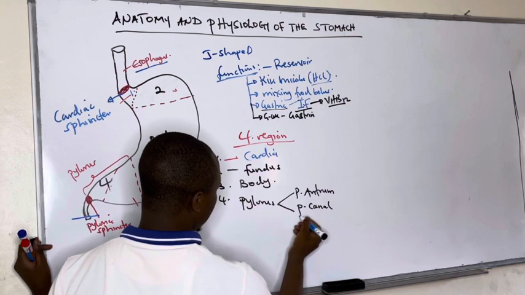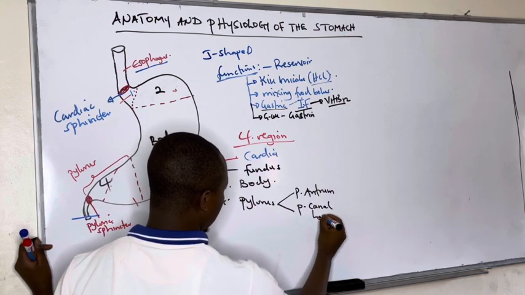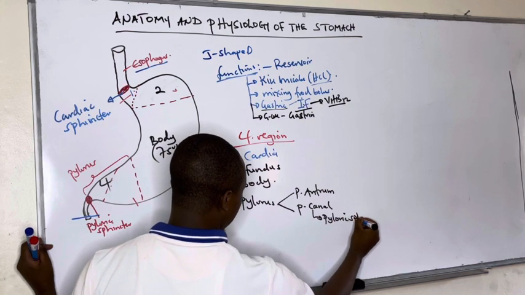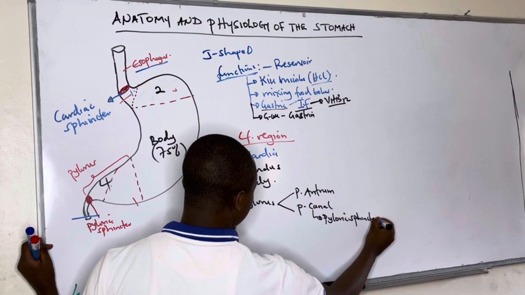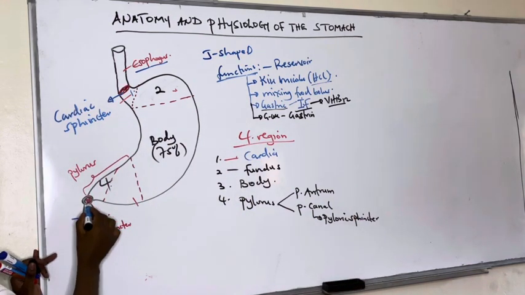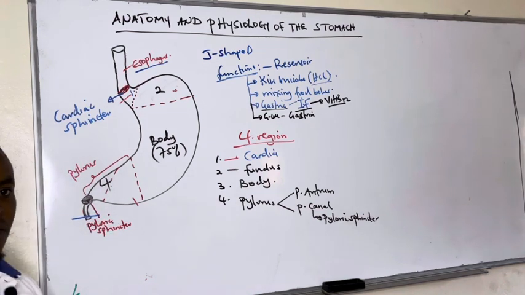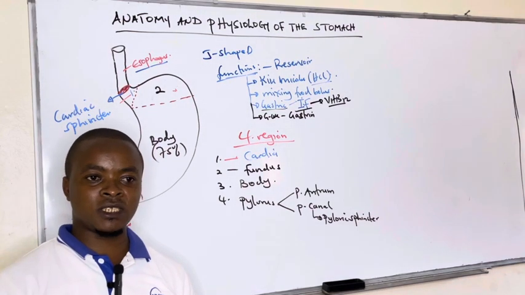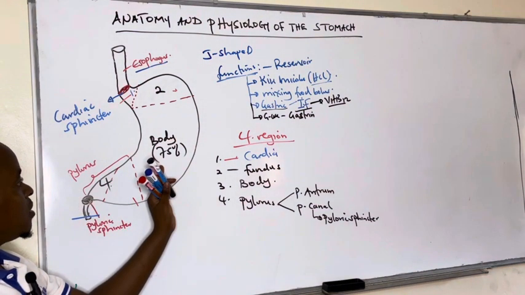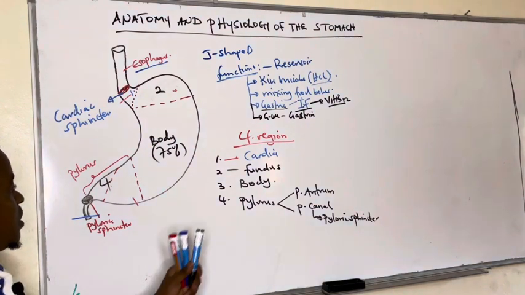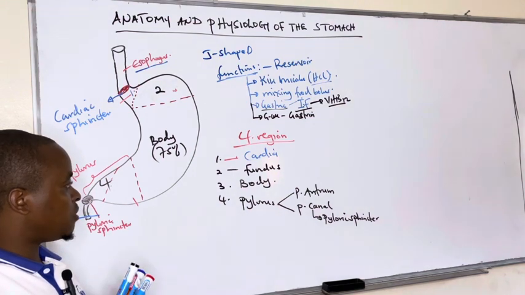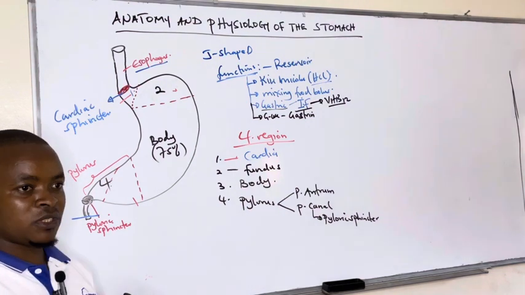And this pylorus canal ends at what we call the pyloric sphincter, which regulates gastric emptying into the duodenum. So these are the four regions of the stomach: the cardia, fundus, body, and the pylorus. We are going to see how each plays an important role.